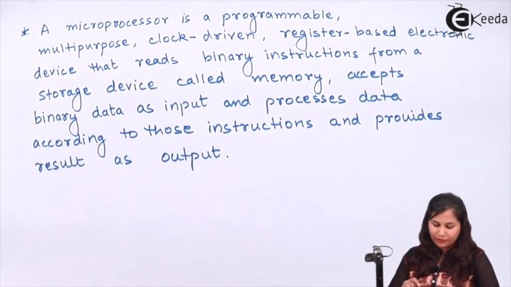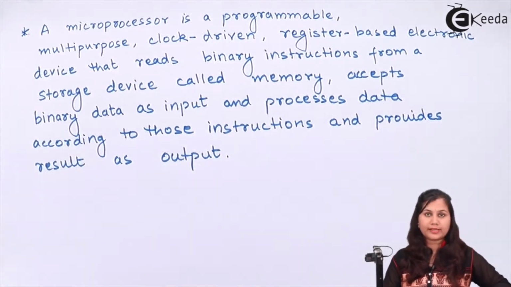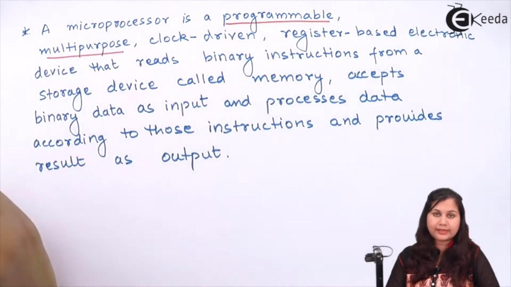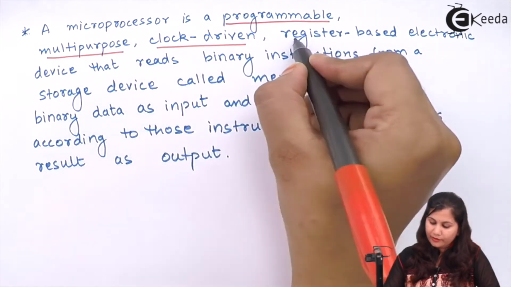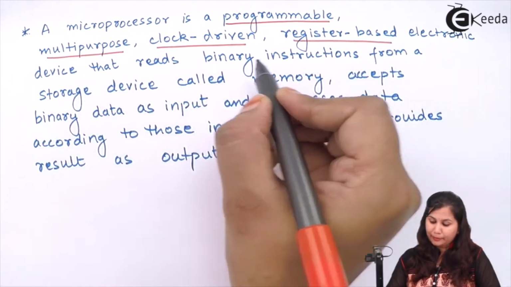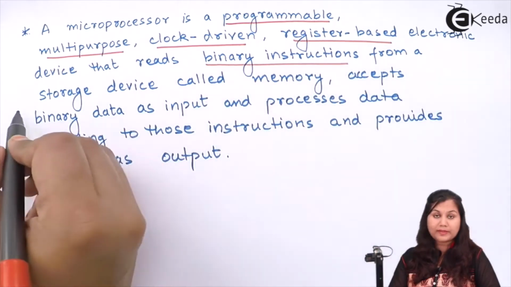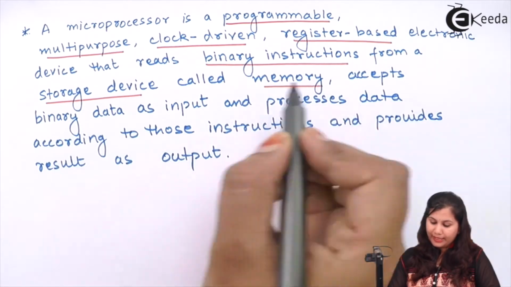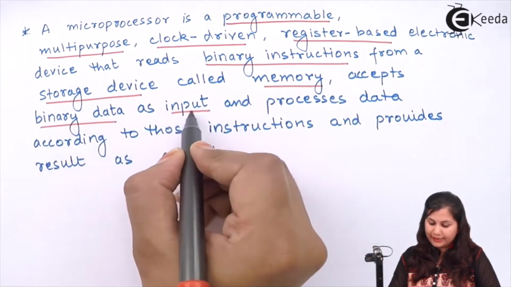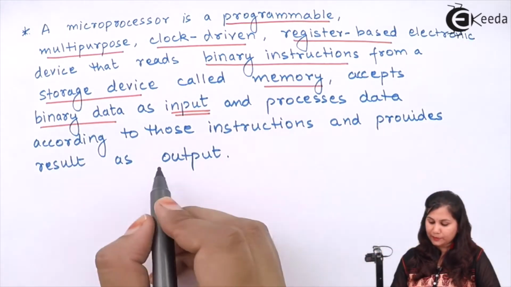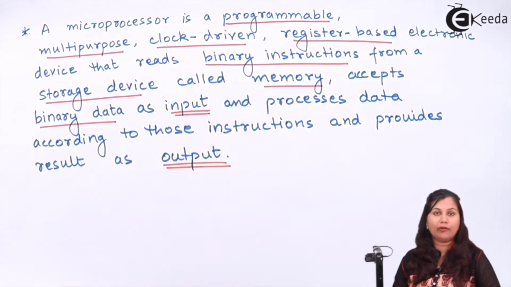Now, in this definition, we have different words like programmable, multipurpose, clock-driven, register-based electronic device that reads binary instructions from a storage device called memory, accepts the binary data as input and processes data according to those instructions, and provides the result as output.